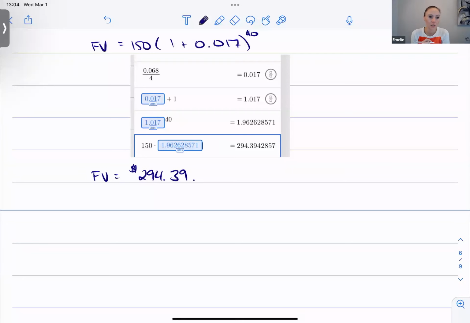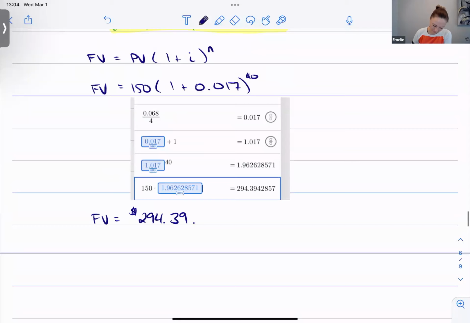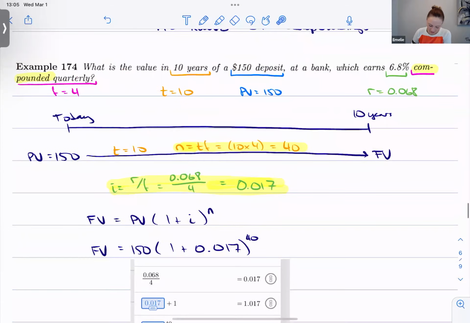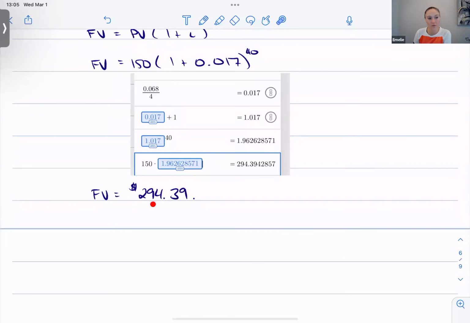Nice. Okay. So the value in 10 years of a $150 deposit at a bank which earns 6.8% compounded quarterly will be $294.39. All right, nice.